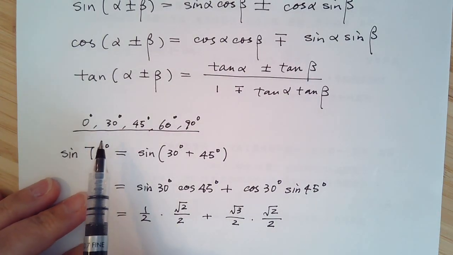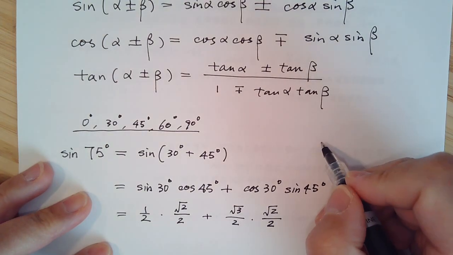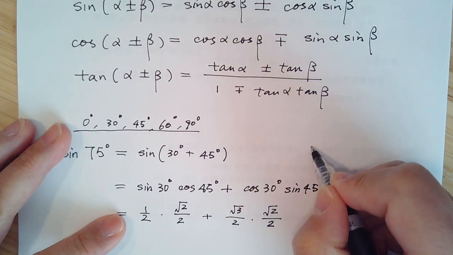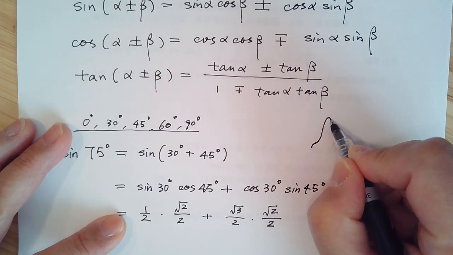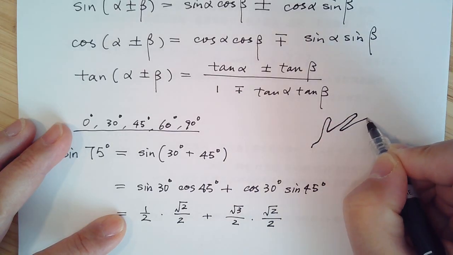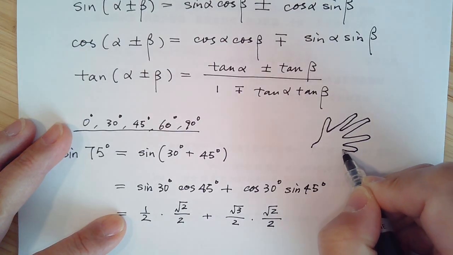If you're not 100% familiar with this, you can use this method. I don't know if a teacher ever told you this. So that's your thumb, and that's your 5 fingers.